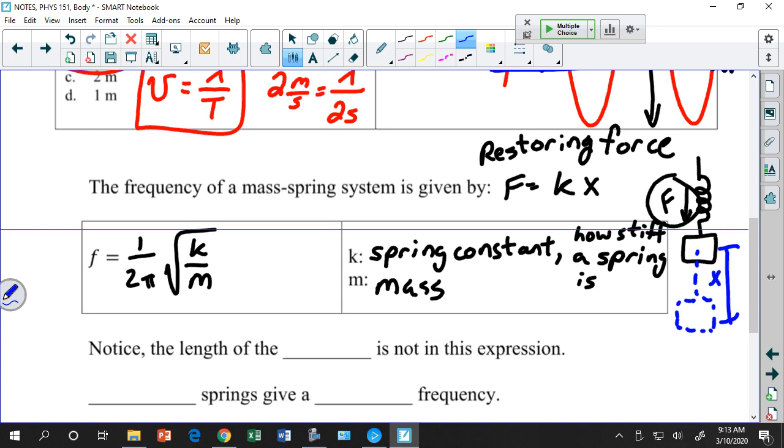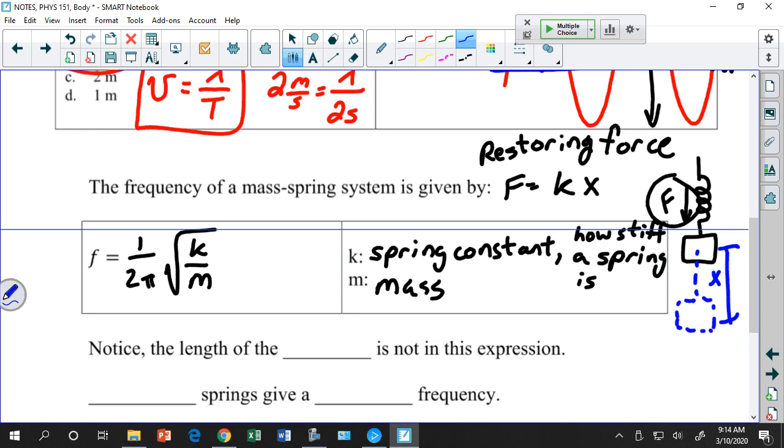But if I pull it back really far, does it have a bigger or smaller restoring force now? It has a much bigger one. Okay, so if I increase x, then that increases the restoring force. That's sort of what you think of, right? But if I stretch out a spring more and more, then the restoring force F will increase more.